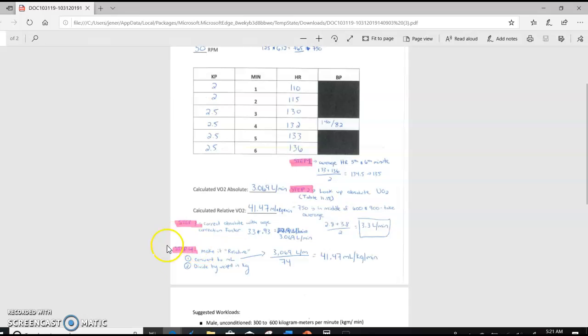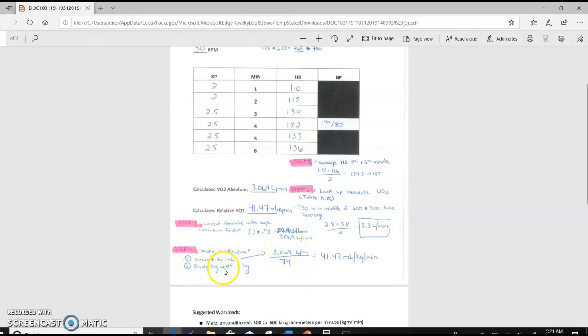All right, so step 4 is to make it relative to Joe. So it's great when you tell him you are using 3.069 liters of oxygen per minute, but does that really matter to him? Because you haven't made it relative to his actual body weight. So what you need to do is the first thing is you convert it to milliliters. Okay, so instead of 3.069, it's 3,069 milliliters per minute.